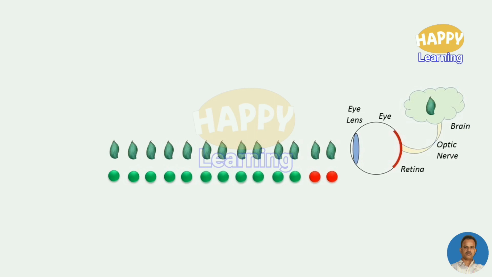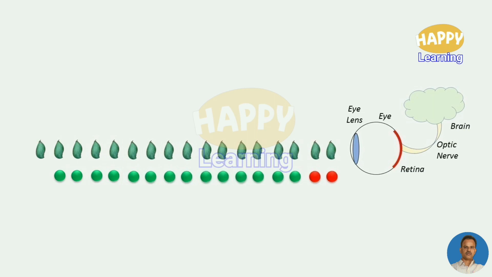If it is blurred, then put a red button. Here, as the object is moved away from the eye, still it is visible, so the green buttons continue. Still the object is visible.